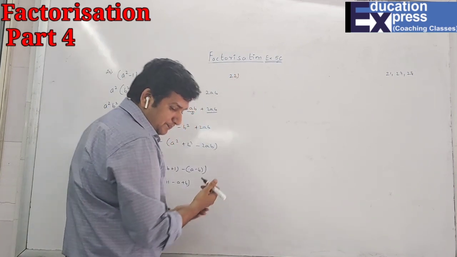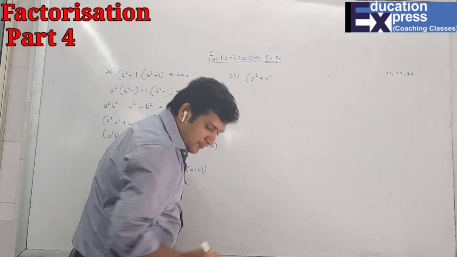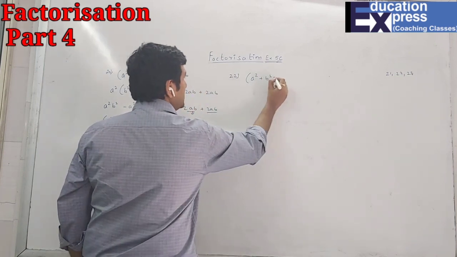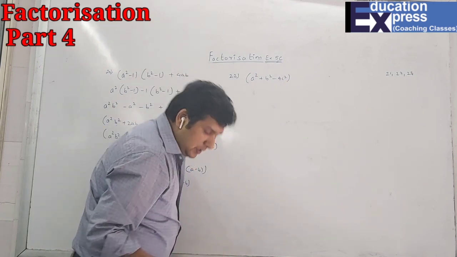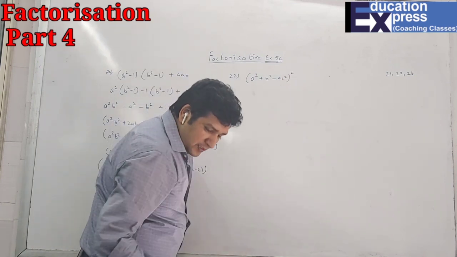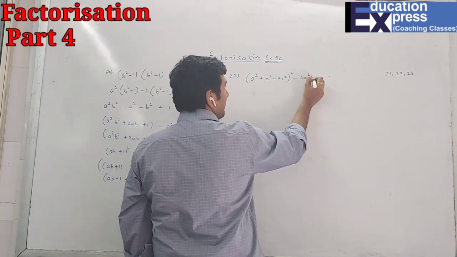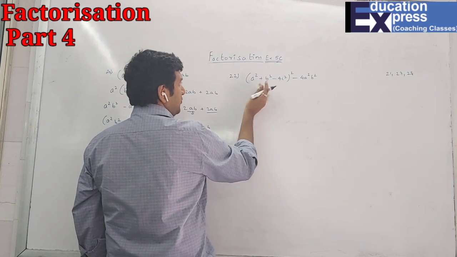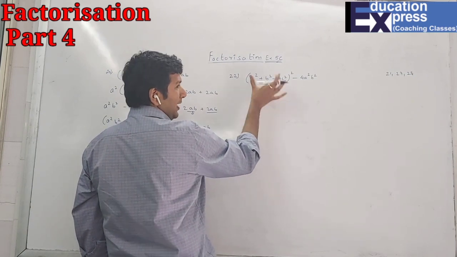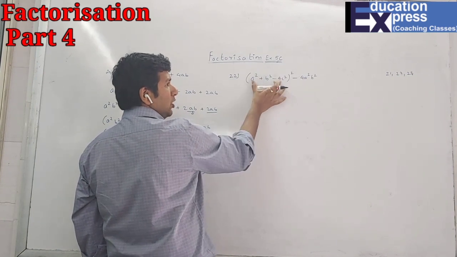I'll do the 22nd sum. (a square b square minus 4c square) the whole square, and this is minus 4a square b square. Now here, if you go to see this whole thing, I told you anything inside the bracket and outside was square, the whole thing becomes what for you?